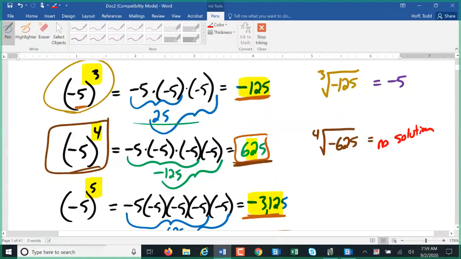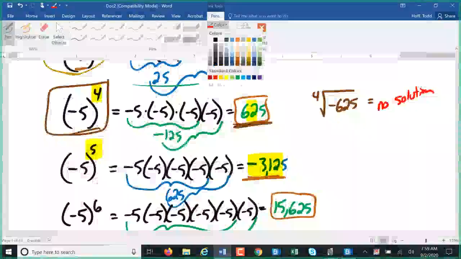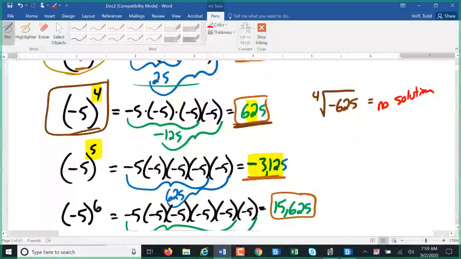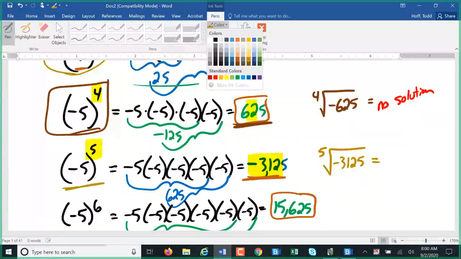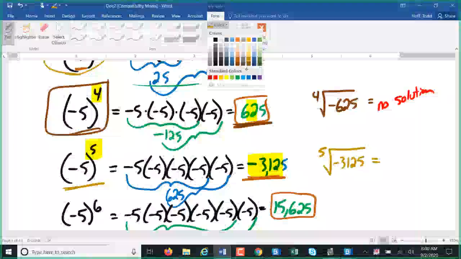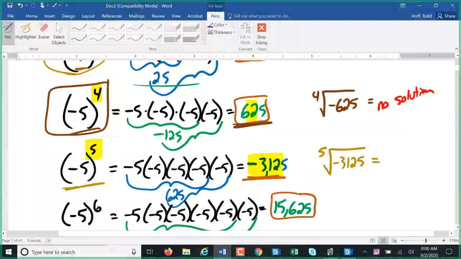As we continue down, though, the negative 3,125, if I do a fifth root of that, well, we just saw that negative 5 to the power of 5 is negative 3,125. So the fifth root of negative 3,125 is just negative 5.